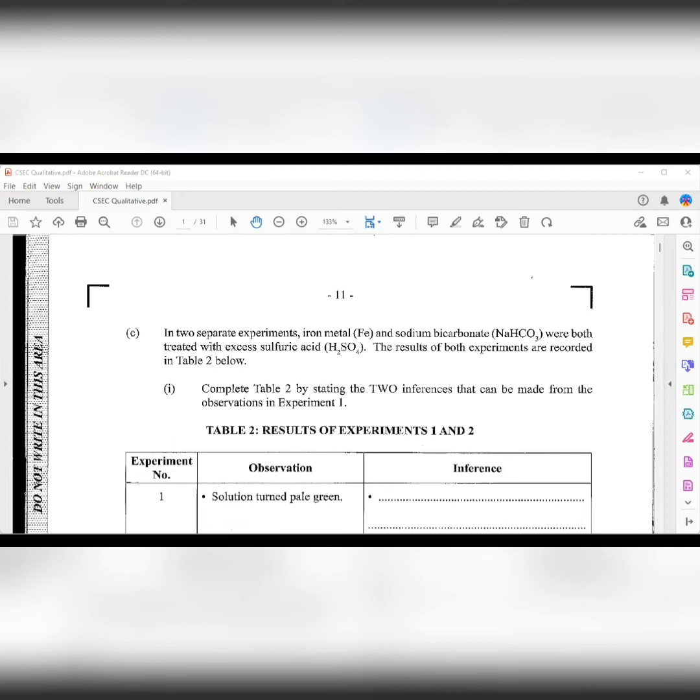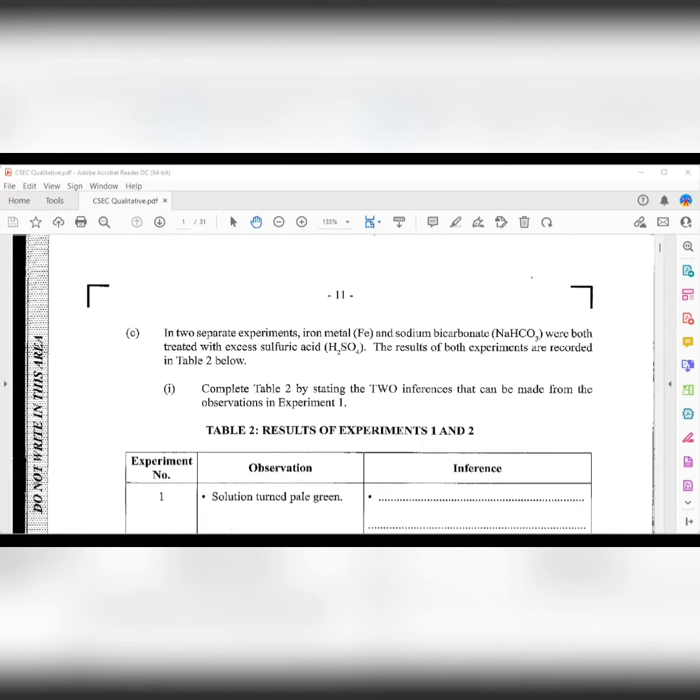When you react a carbonate with an acid, you would remember this from fourth form, that you get salt, water, and carbon dioxide. And then, of course, you can test the carbon dioxide being produced with lime water, and that will tell you that it is a carbonate. The only place you can get carbon dioxide from is a carbonate. That's the only place you can get it from, nowhere else.